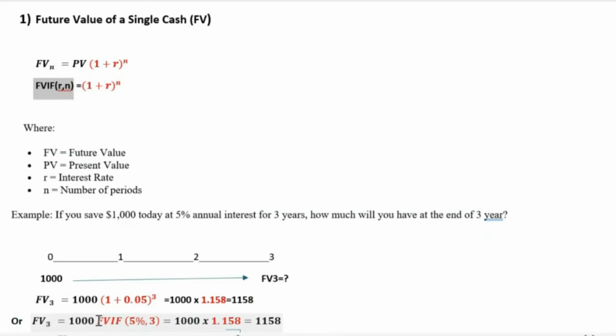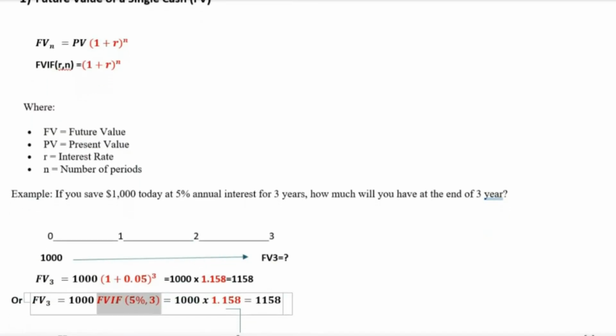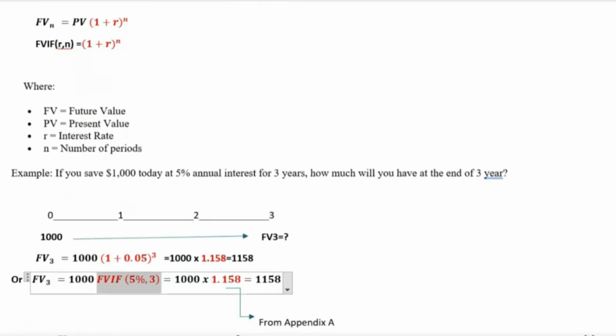If you know it's a future value of a single cash flow problem, given today's amount, given interest rate, given number of periods, you can get this future value interest factor from Appendix A in Canvas. In this case, the number is the same, sometimes slightly different, as the difference is due to rounding error.